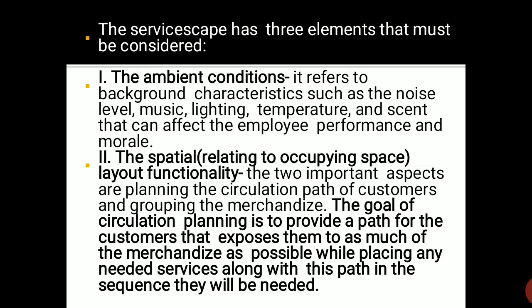Say everything is placed in a U shape, or maybe in a C shape, so that while traveling you can have a look at all the items, you can see everything, nothing is skipped out, and that increases the purchasing motivation on the part of customers, and on the contrary it benefits the service renderer, or the owner of the shop or supermarket, right? That means the goal of circulation path planning is to provide a path for the customers that exposes them to as much merchandise as possible, while placing any needed services along the path in the sequence they will be needed.